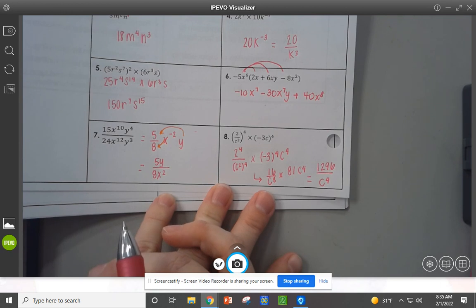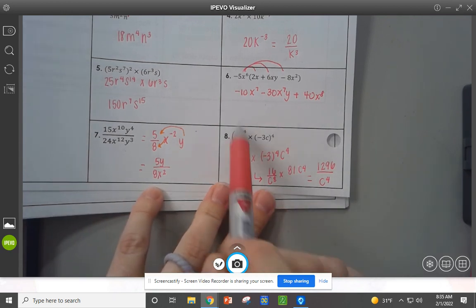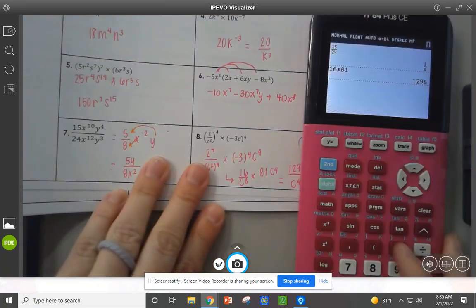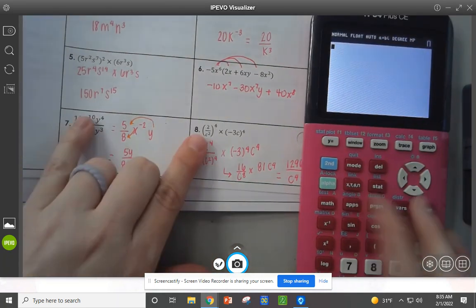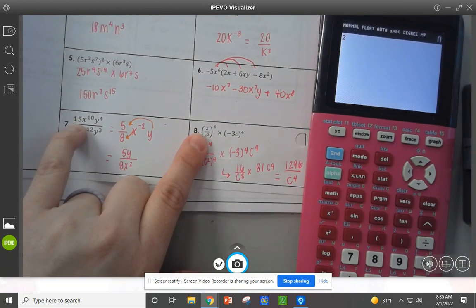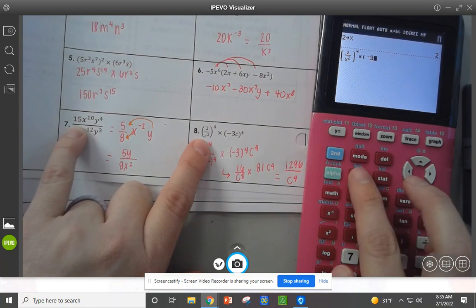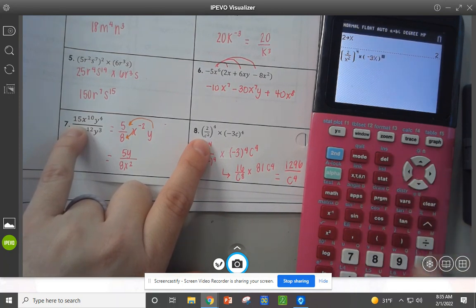Okay. Please. So this is one you might want to check your answer if you're not sure, like, you might have gotten this one wrong. Since there's only one variable, I'm just going to use x. And I'm going to say 2 to the x, and then 2 over x squared to the 4th times negative 3x to the 4th.